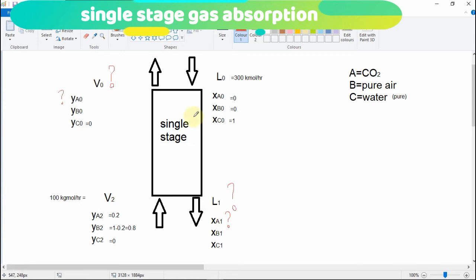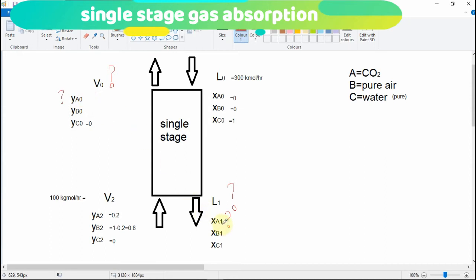Why do you just need to calculate YA0 and XA1? Because that is our aim, where A is the harmful gas, which is CO2. The aim is to get the values for the harmful gas composition at the outlet phases. In order to calculate V0 and L1, we need to first solve for YA0 and XA1.